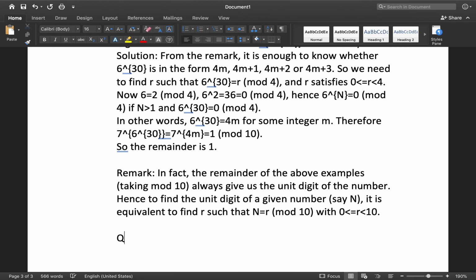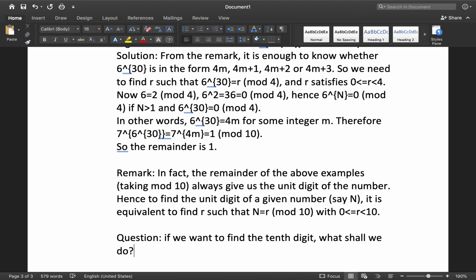Now, think about it, a very easy question. If we want to find the 10th digit, what shall we do?